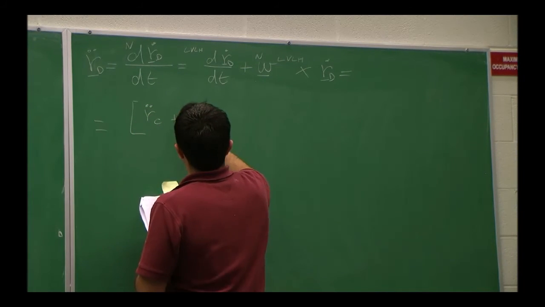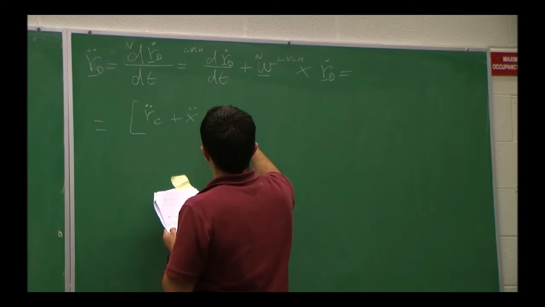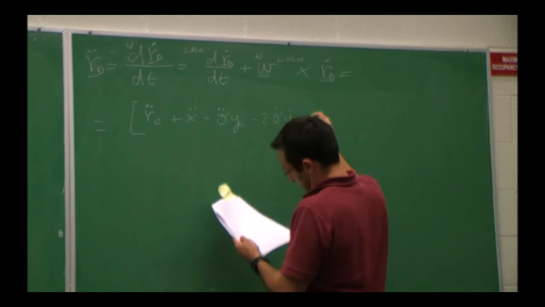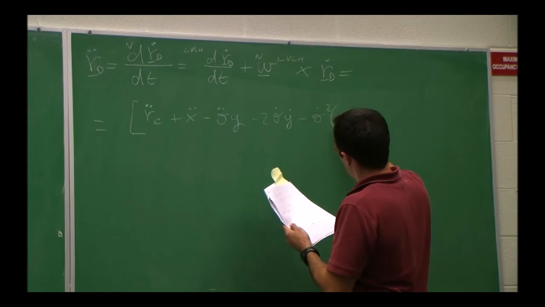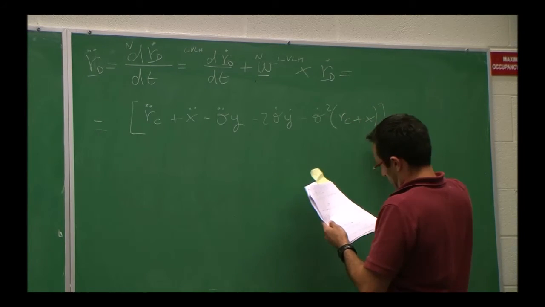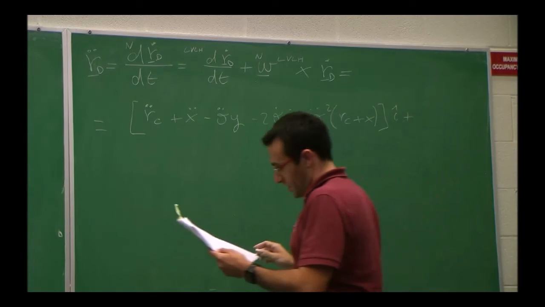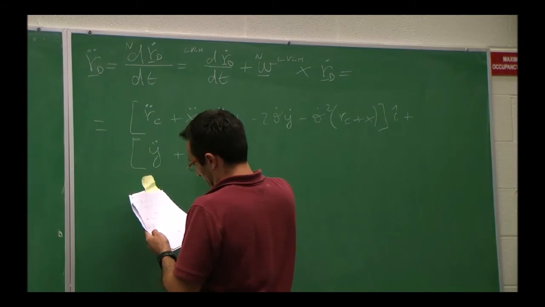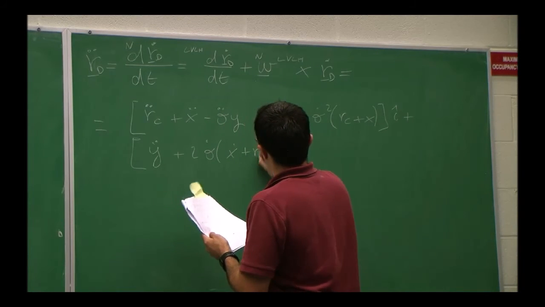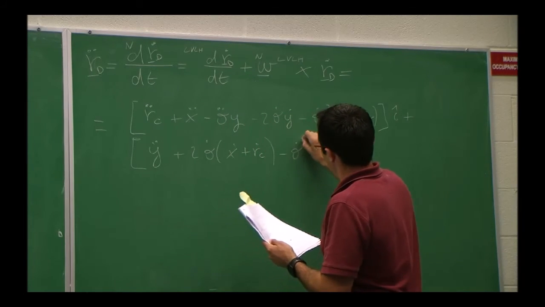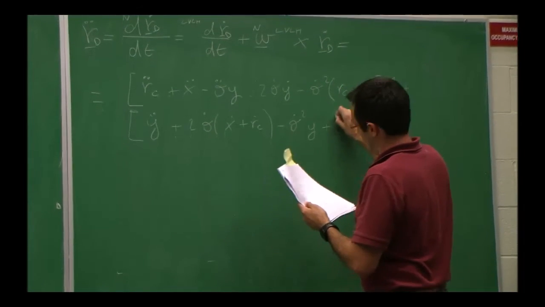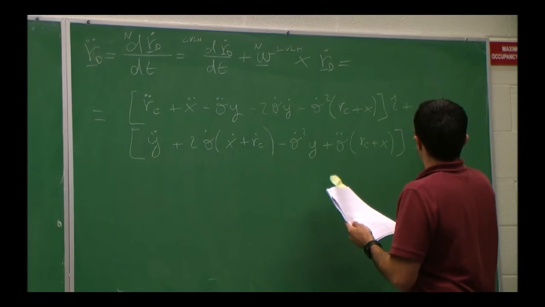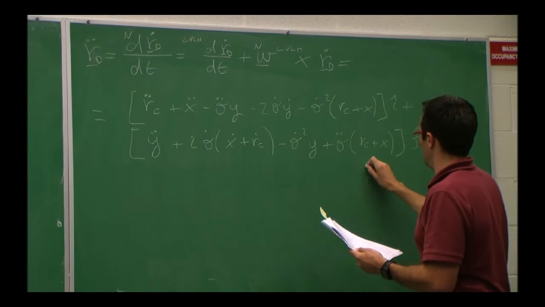RC double dot plus X double dot minus theta double dot Y minus 2 theta dot Y dot minus theta dot squared (RC plus X) on I. Then on J you have Y double dot plus 2 theta dot X dot plus RC dot minus theta dot squared Y plus theta double dot (RC plus X) on J, and then the one we like the most, which is just Z double dot.